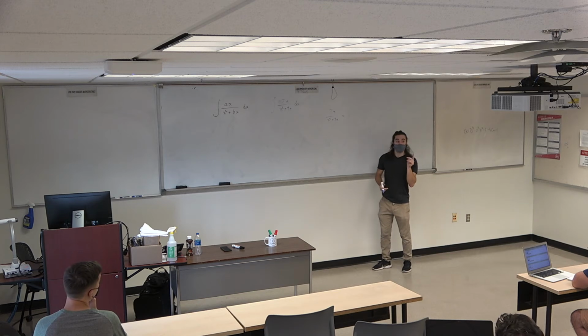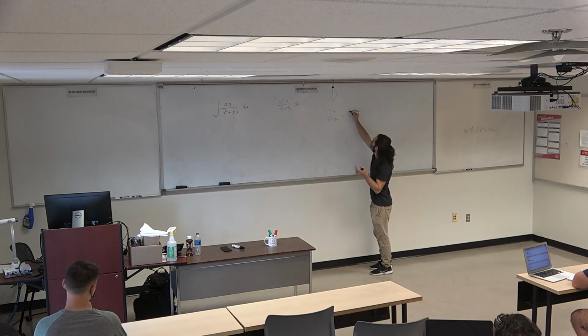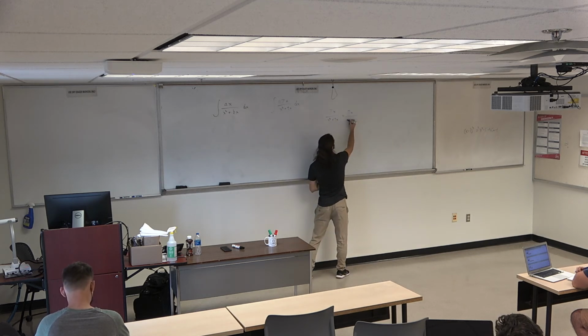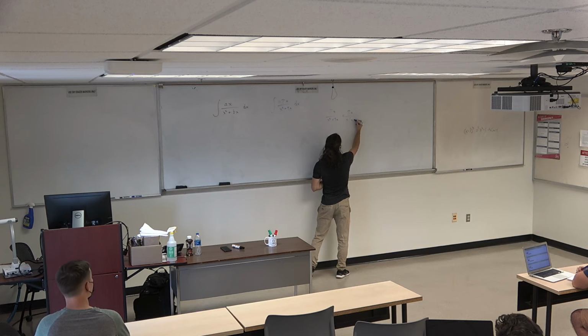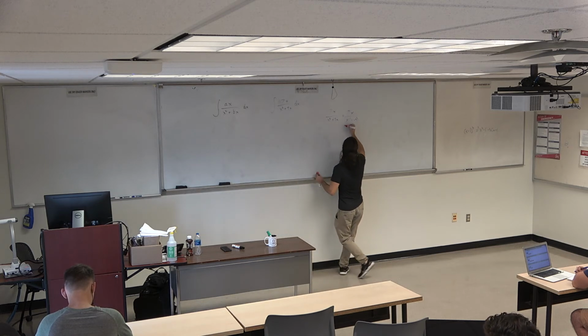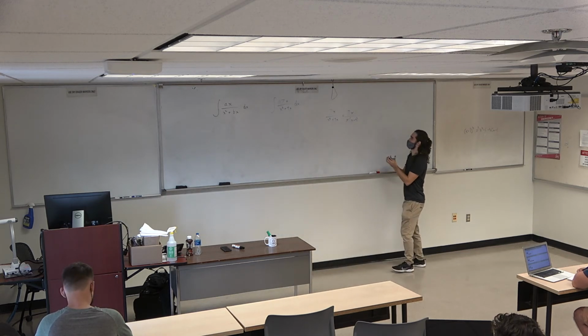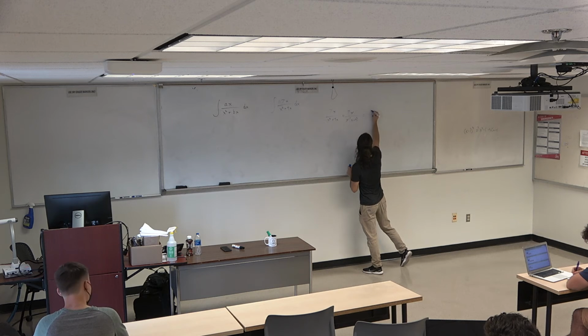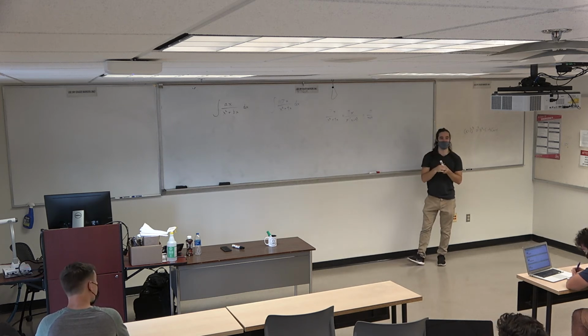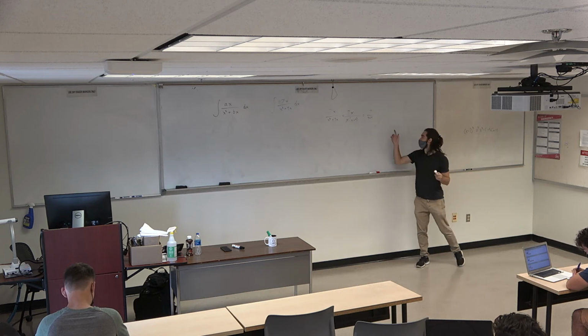But then I realized, both these terms have at least one x in them, so you can factor out an x from each. So this just became much simpler, with x plus 4 in the denominator. That makes it a lot easier to work.